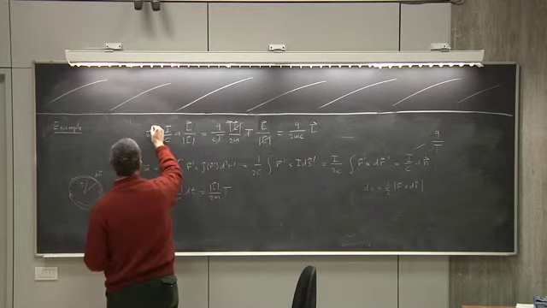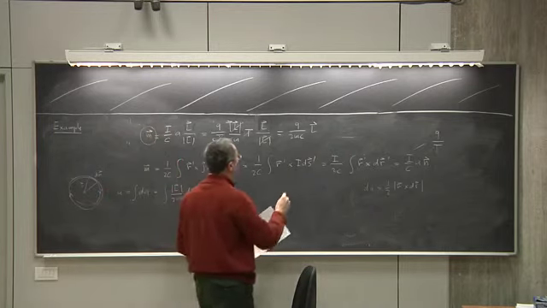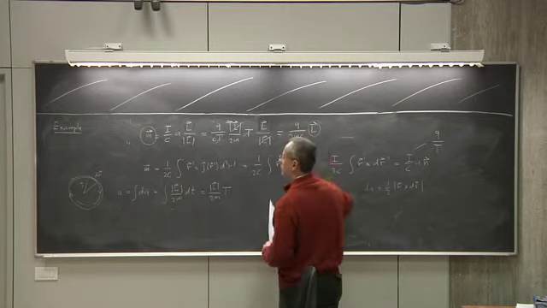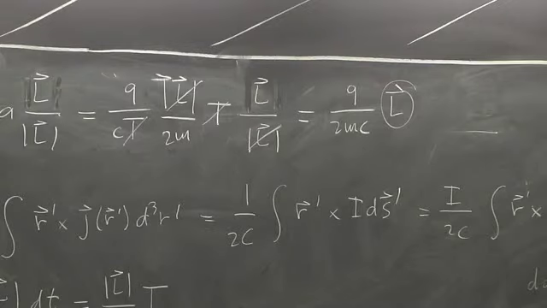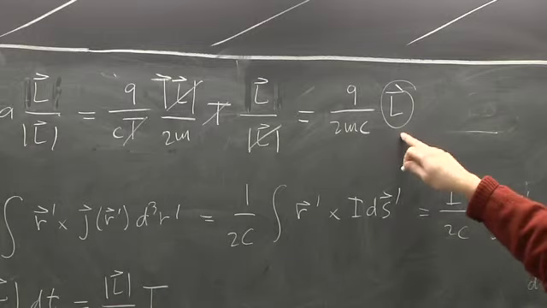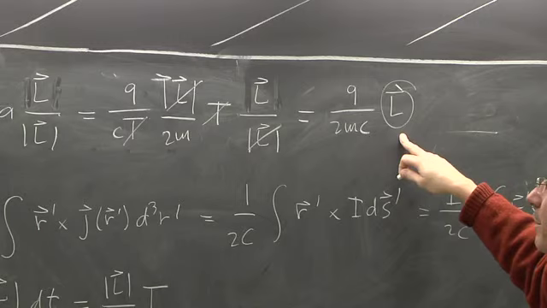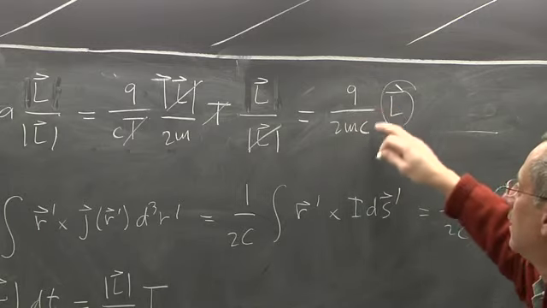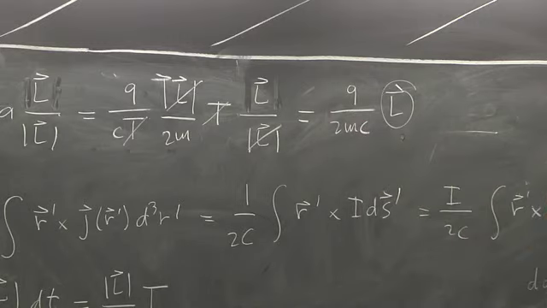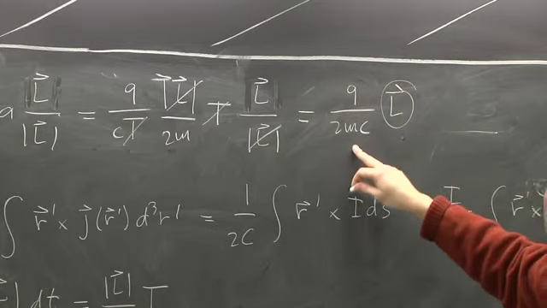That's really nice. The magnetic moment of a charged particle moving in a central field is proportional to the angular momentum of the particle with a fixed coefficient that only depends on the ratio between the charge and the mass.